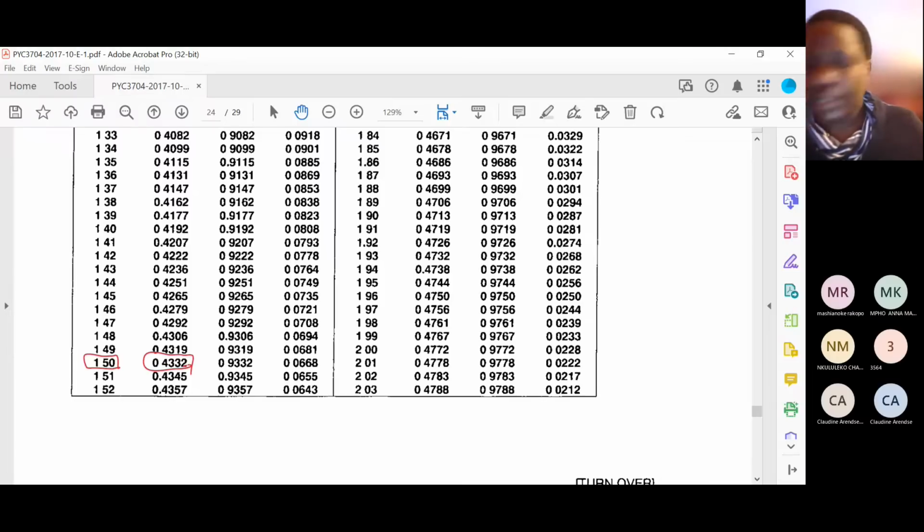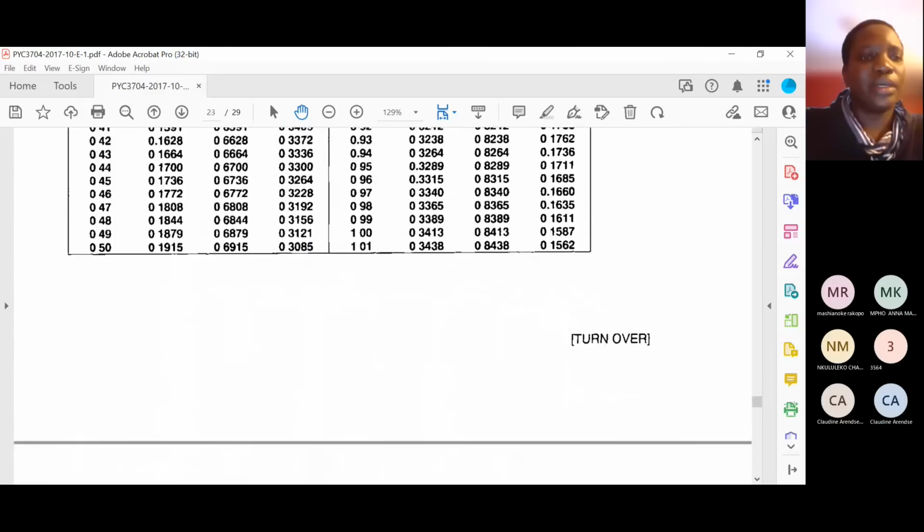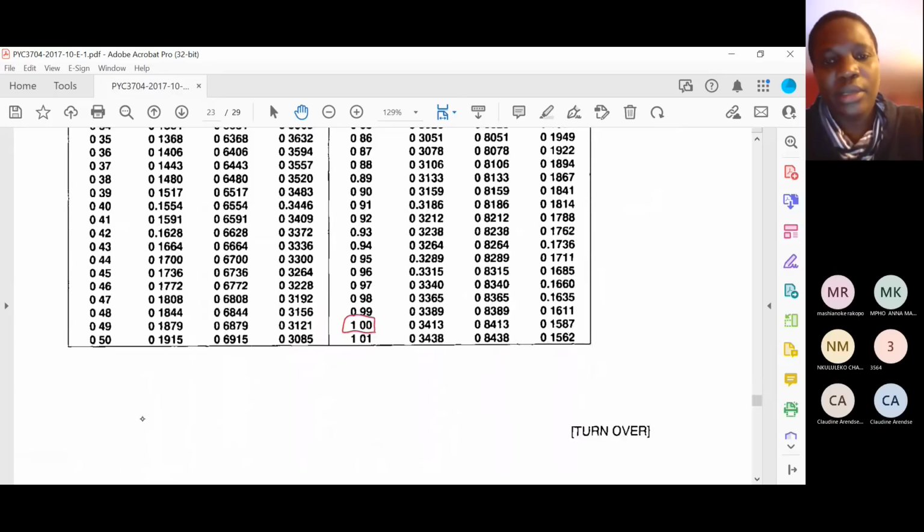It is 0.4332. That is one value. And then we're also looking for 1, so we're looking for 1 mean to Z. So 1 is here. The mean to Z is that, which is 0.3413.